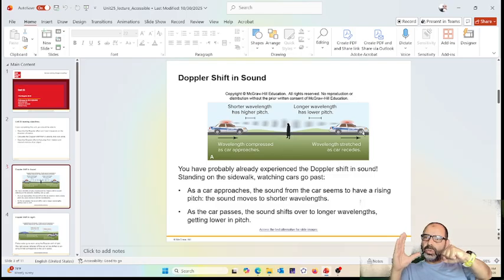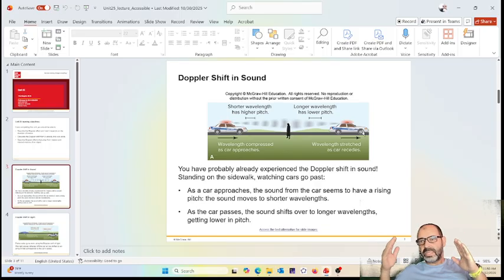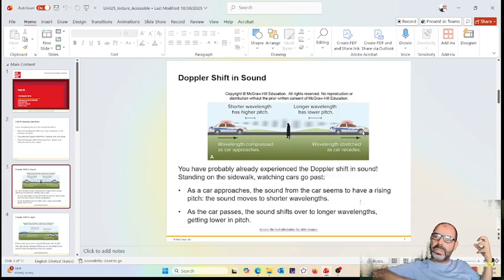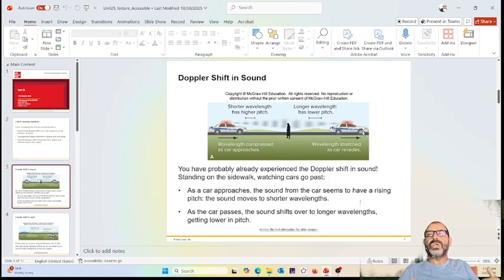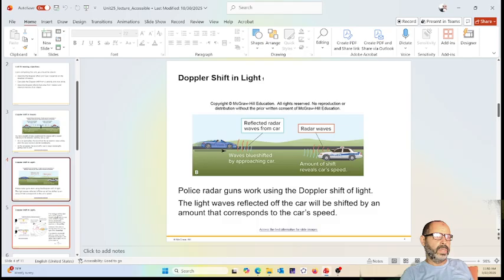So the distance between two wave fronts as it hits my ear, in this case, is going to appear with longer wavelength. And again, lambda, the Greek letter lambda, times the frequency is the speed of light. So for me, the way I interpret it is that lambda has increased, the frequency has gone down. So the pitch is of a lower tone, okay? So I can tell that this vehicle is moving away. So the wavelengths are stretched, whereas in this case, they are compressed, okay?